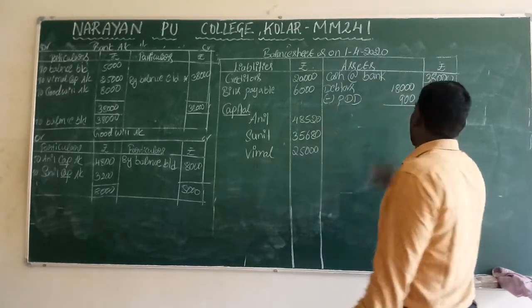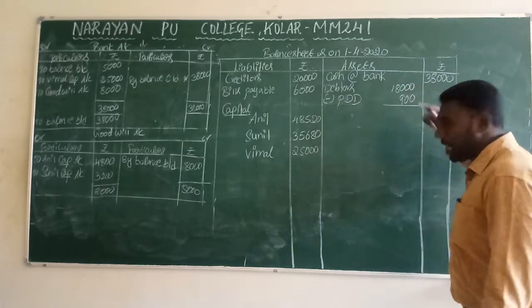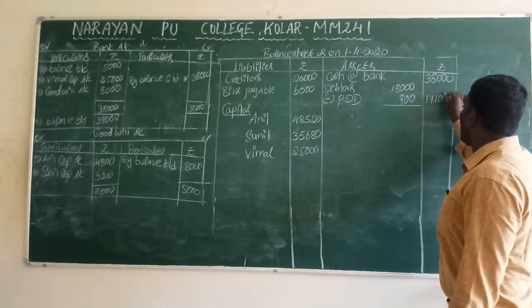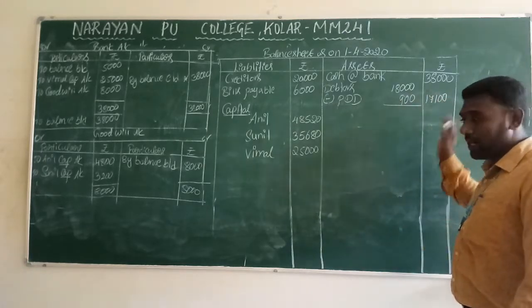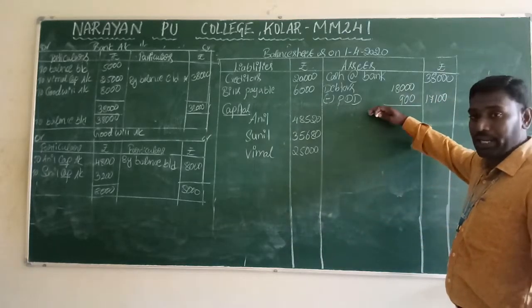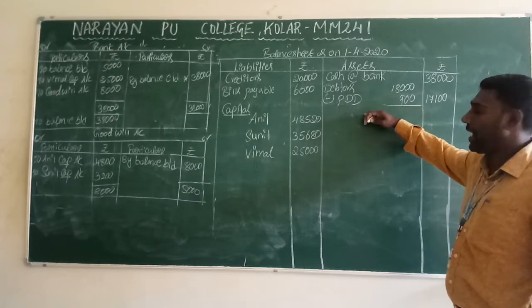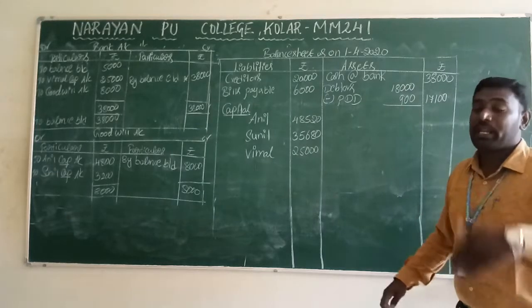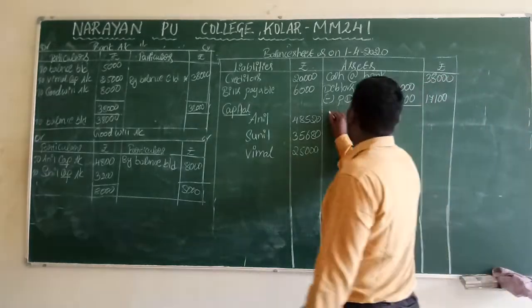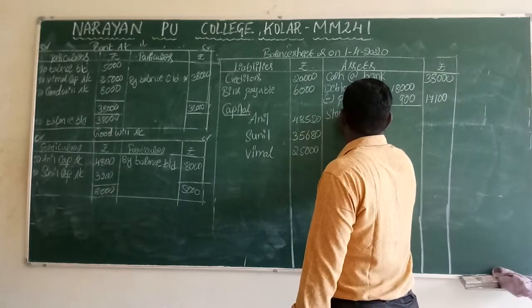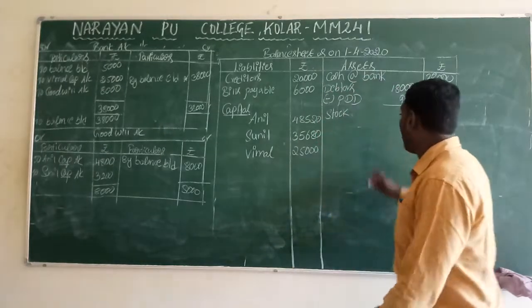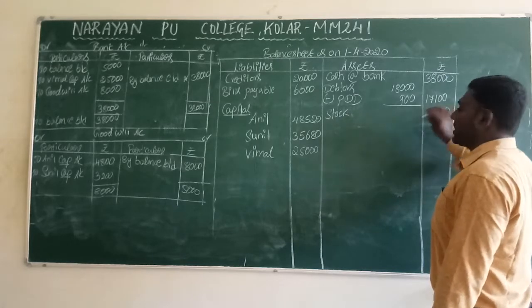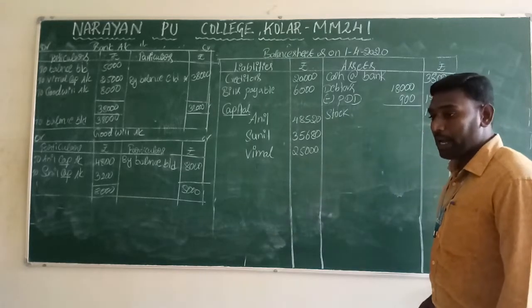Out of 18,000 we should deduct 900 rupees. The remaining value, 17,100, is the value we have to transfer. If an adjustment is there, we should add or subtract, but if there is no adjustment, we should write directly. Next transaction, stock. For this, no adjustment. The value of stock is 17,000. We should transfer it directly to the balance sheet.